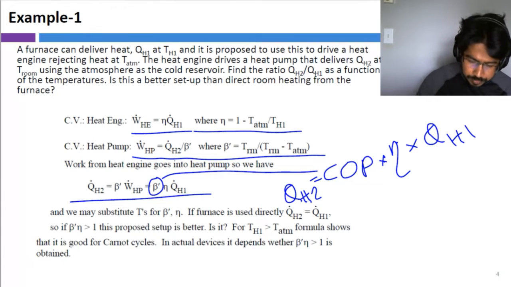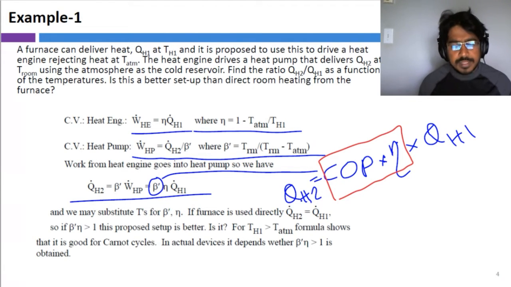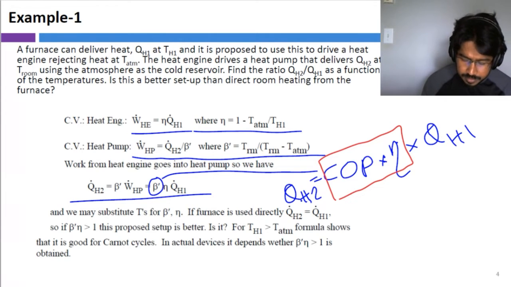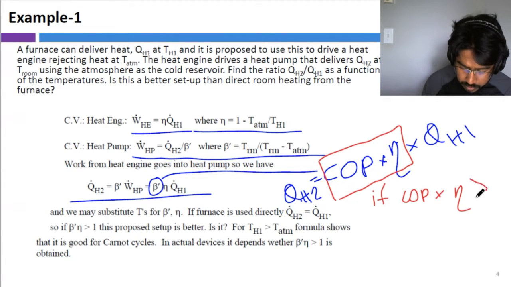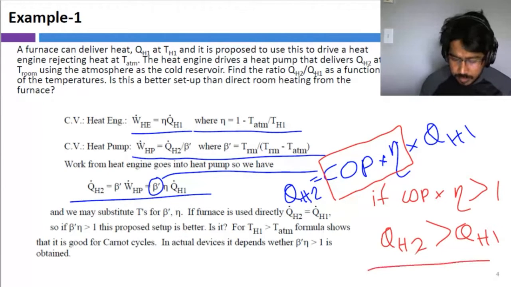If this number, COP into thermal efficiency, is greater than 1, then QH2 is greater than QH1, right? If COP into eta is greater than 1, QH2 is greater than QH1. Do all of you agree with this statement?